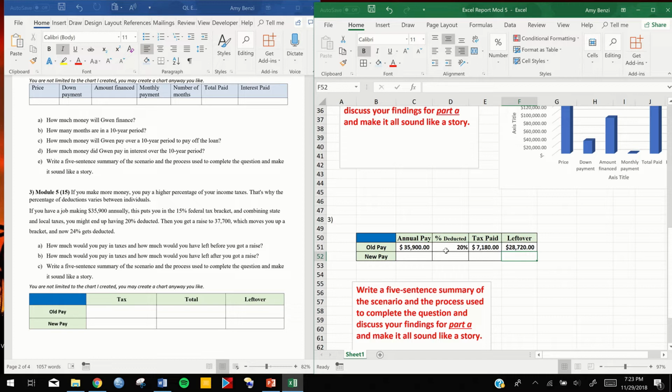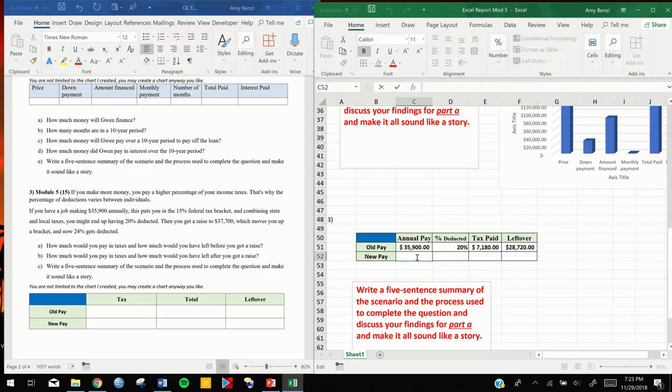But you know what, you guys? That's 20%. I lived in Germany, and in Germany, the folks there paid 50% of their taxes, but they had healthcare, and it's a much smaller country, so they're able to take care of each other a little better.